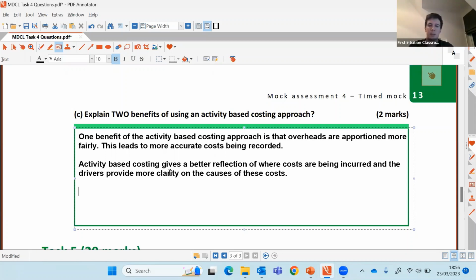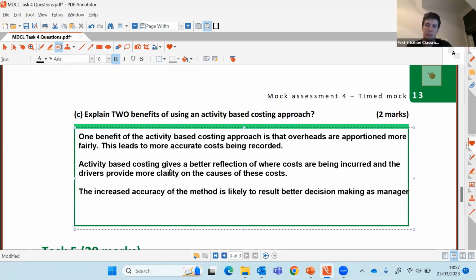I think you could drag it out and say the improved accuracy should result in better decision making, as managers have more reliable information.